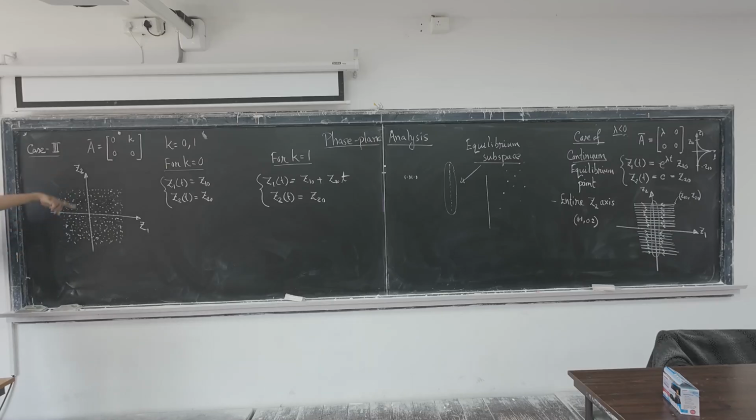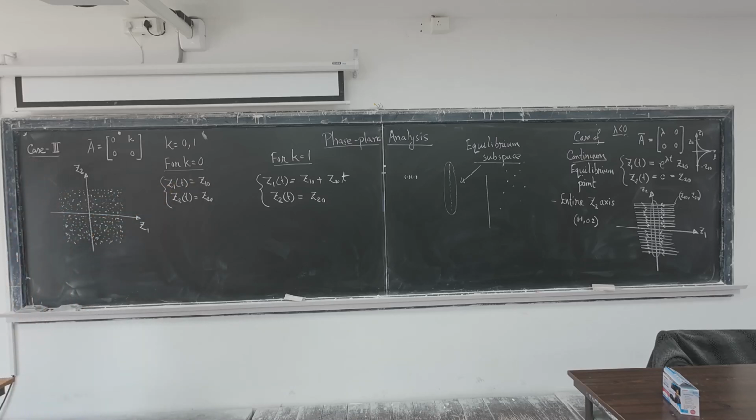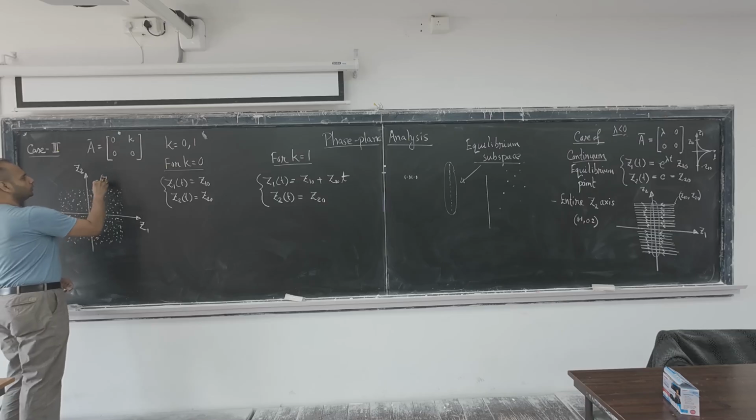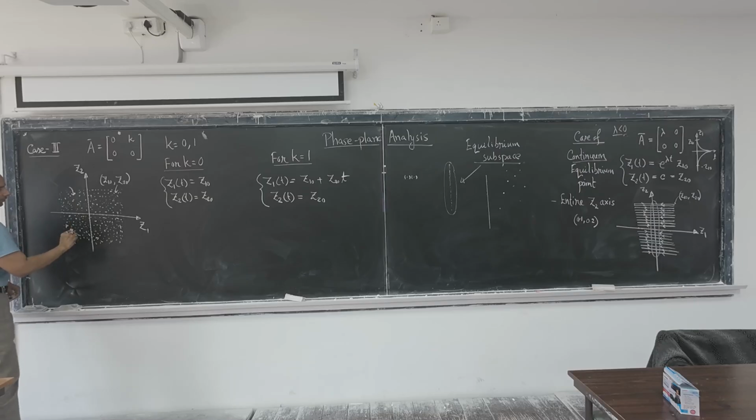Here the whole space is the equilibrium subspace. Why? Because you see there is no movement. Wherever you pick a point, Z10, Z20, whether it is this, whether it is this or this, there will be no relative movement, right? One point itself is the phase trajectory for that equilibrium point.